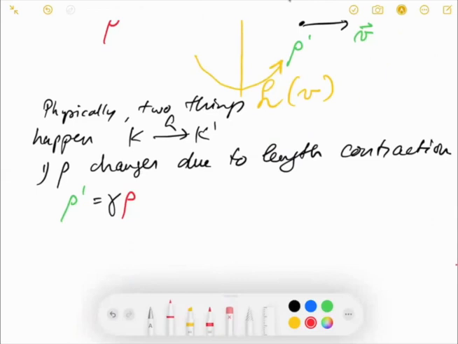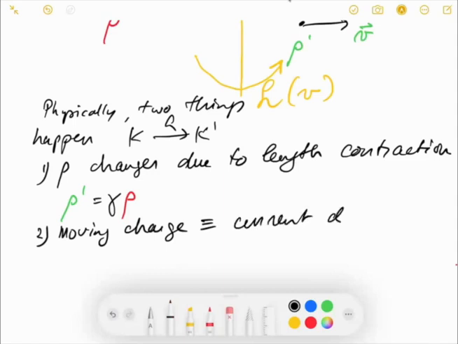Okay, so this has nothing to do with E and M yet. This is just saying, we just rescale the underlying space-time. Okay, so that's the first thing that happens. And then the second thing that happens is a moving charge by definition is a current or a current density.